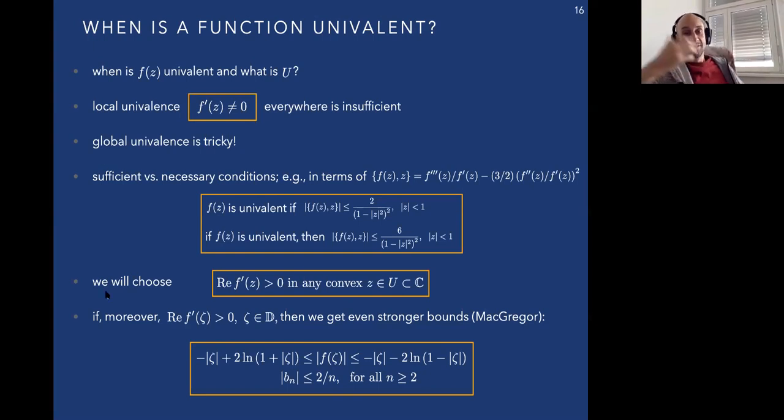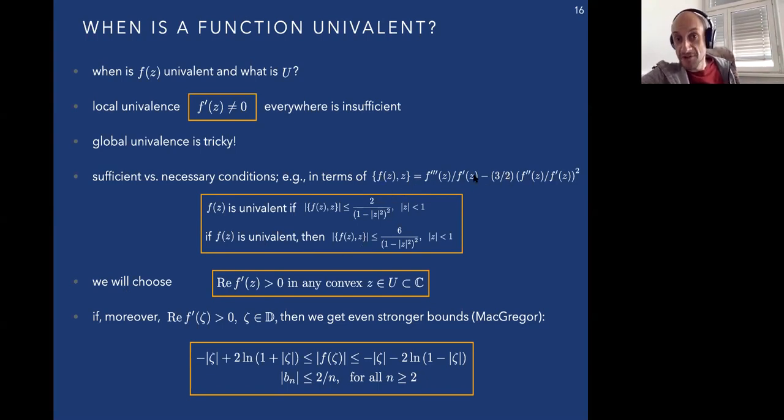There's a very, very long list of sufficient and necessary conditions for univalence. There are hundreds of these conditions, and you have to plow through them and choose whatever fits you, because some are good for some things, others are good for other things. One particularly nice univalence condition can be stated in terms of the Schwarzian.